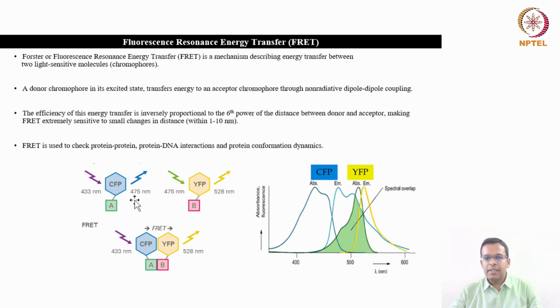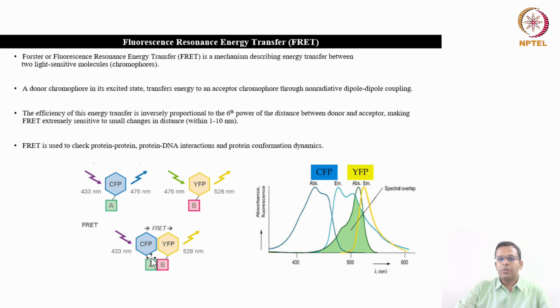So you can see the emission wavelength of this fluorescent protein is the same as the excitation wavelength of this fluorescent protein. What will happen if these two proteins are placed close to each other? Then the emitted light from this protein can excite this fluorescent protein, and it will also give you fluorescence at 528 nanometers, which is yellow in color.